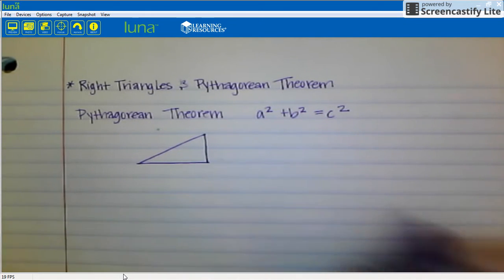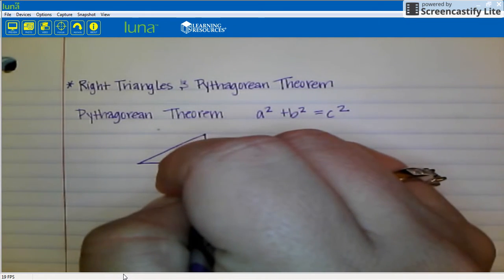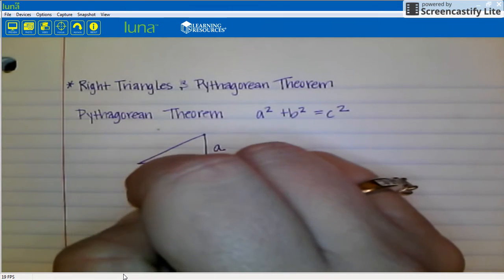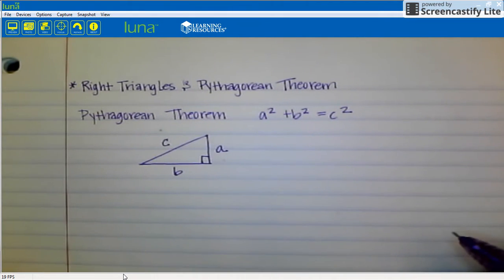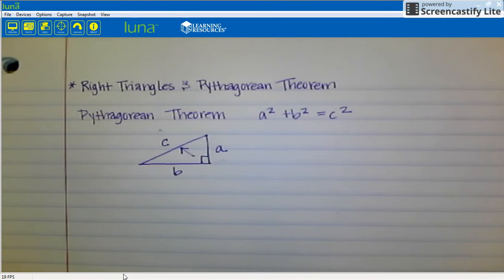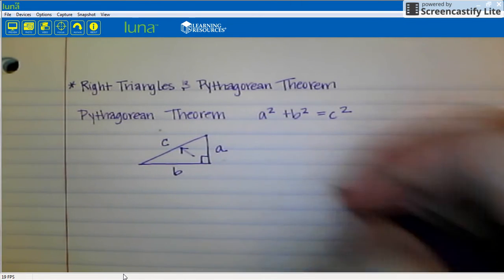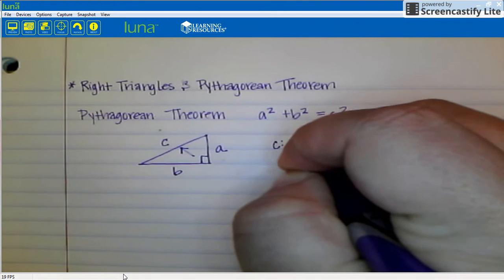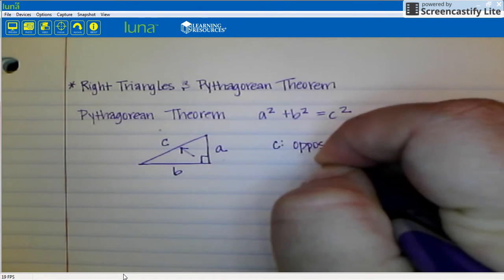given that the right triangle has side lengths A, B, and C, where C is your hypotenuse. Your hypotenuse is always opposite your right angle, and it is always your longest side.